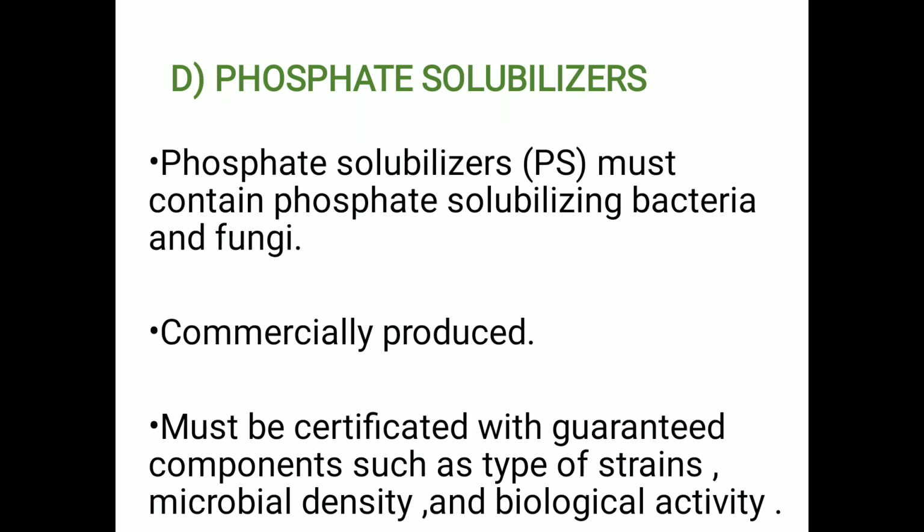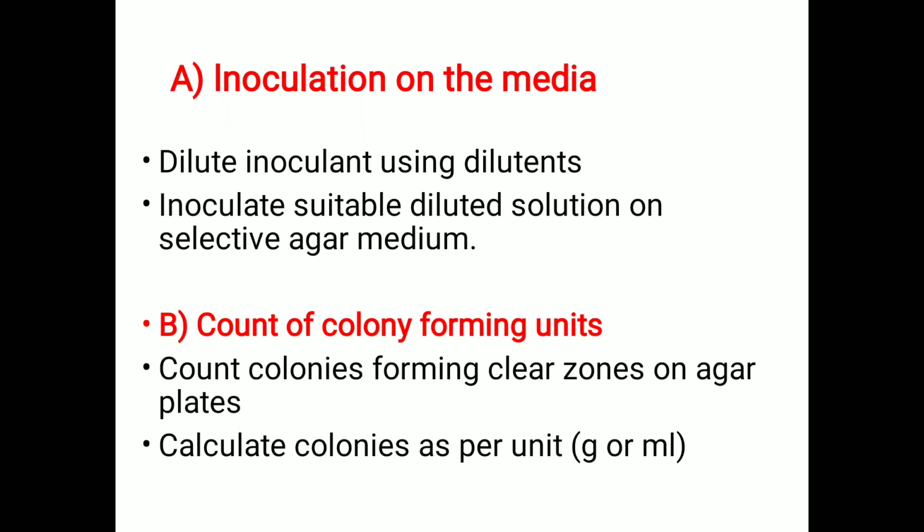After that, you should know about quality. You should check the quality of that PSP by certain methods. First one is inoculation of the PSP on media. Dilute the inoculant, that is PSP, using different dilutants. Inoculate a suitable dilutant solution on the selective agar media.